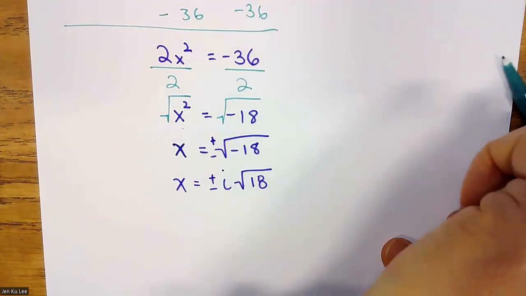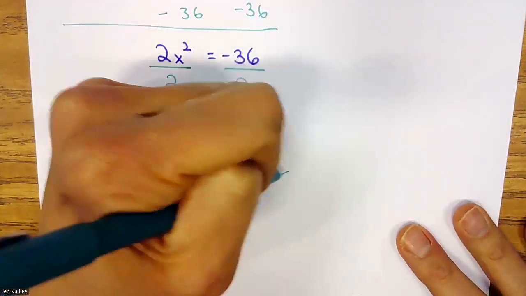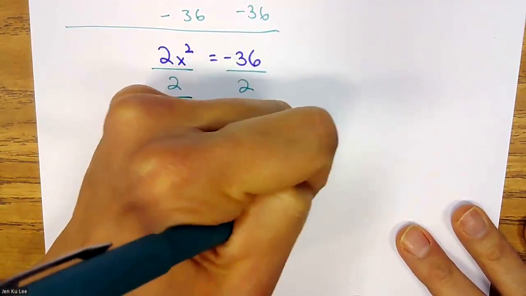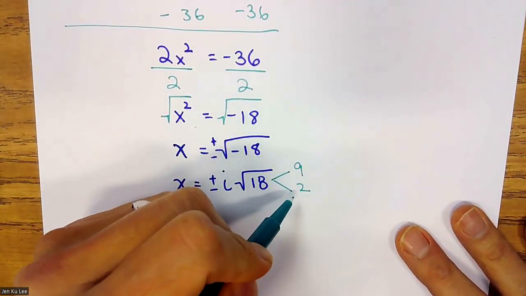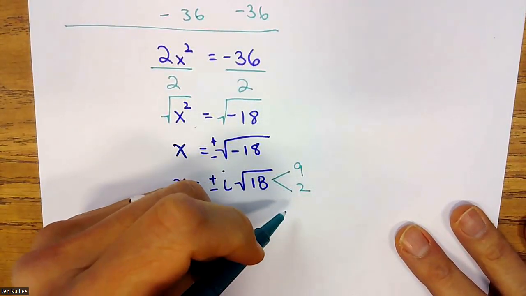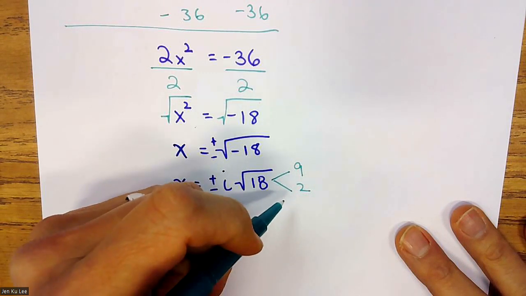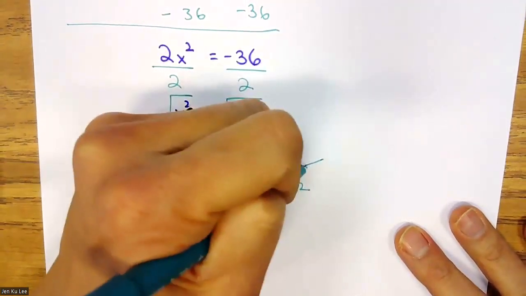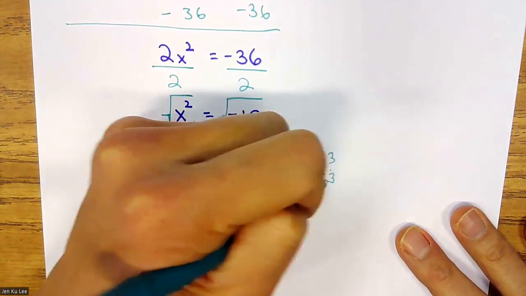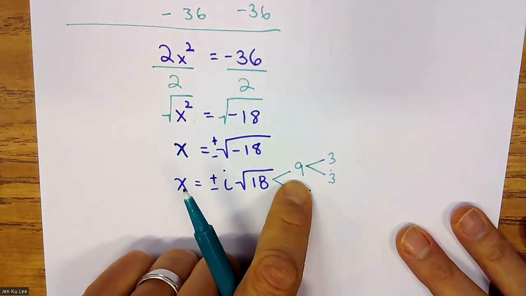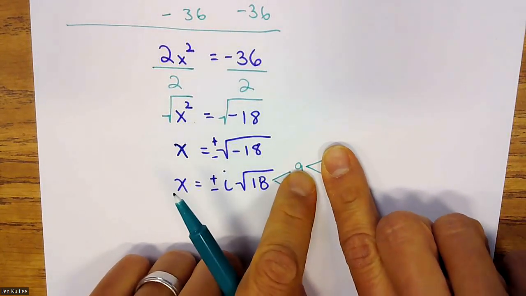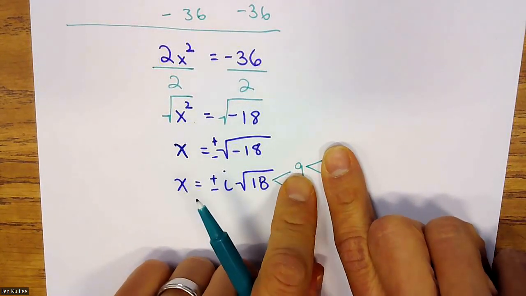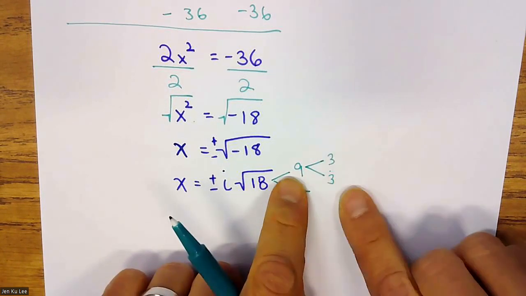Now 18 I can break down: 9 and 2. Now I know that the square root of 9 is 3. You can break it down even some more and go 3 times 3, which is 9, but you can also stop there and just know that the square root of 9 is 3. And that's why we take out pairs.